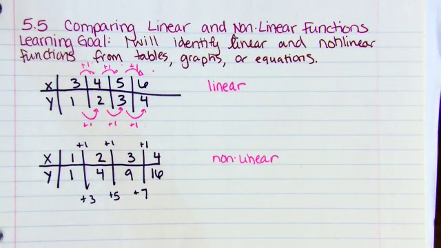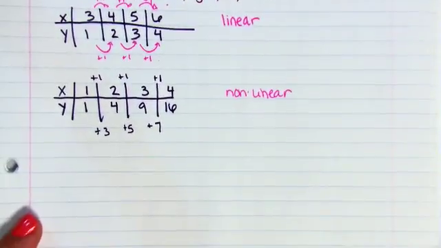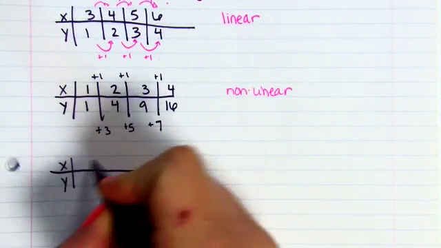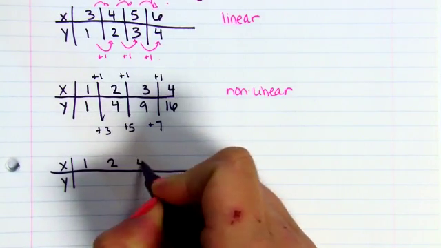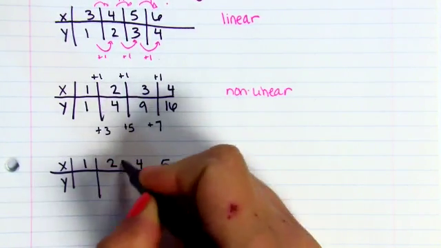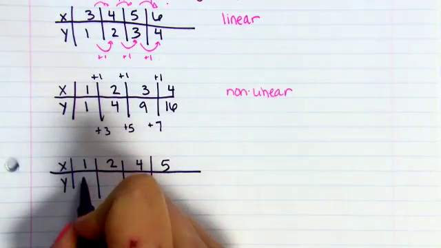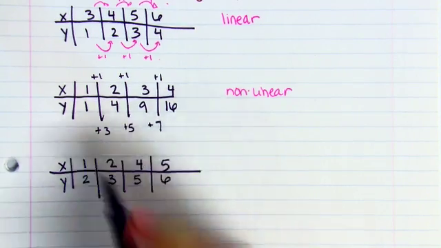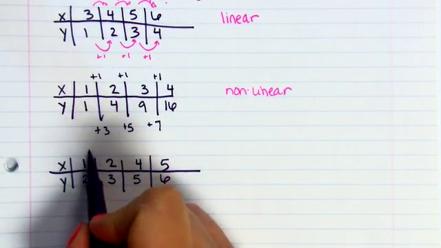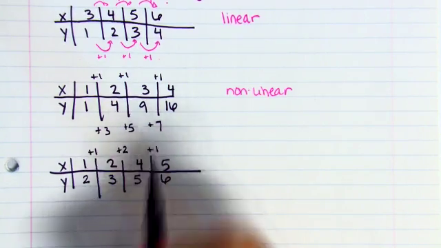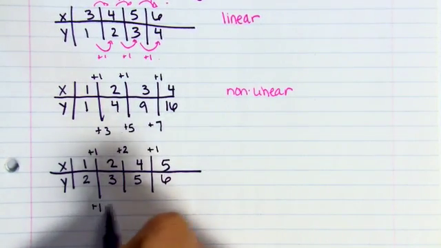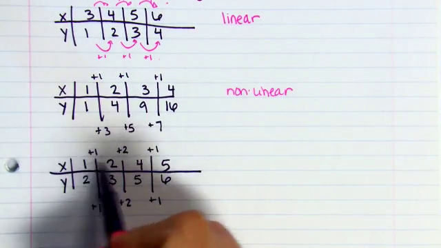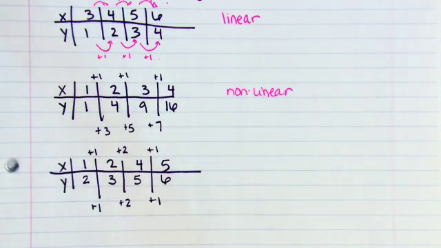And the place that you want to be careful is sometimes it'll look a little bit different. Let's see. So here, I go up by 1, I go up by 2, I go up by 1, I go up by 1, I go up by 2, I go up by 1. So I'm looking at the change going from one x value to the next and one y value to the next.